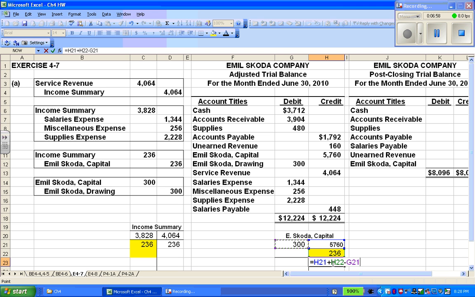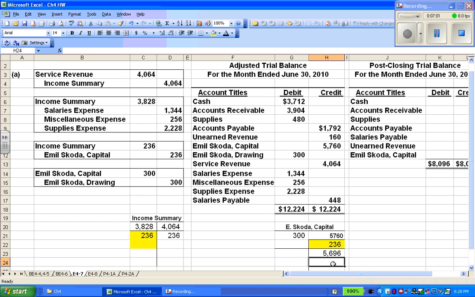So I'll subtract that 300 from that. And so I get a balance of 5,696. So that's the balance in my post-closing trial balance. That's the balance in the account after I close out the revenue and expense accounts and the drawing accounts. And they eventually go to this capital account.